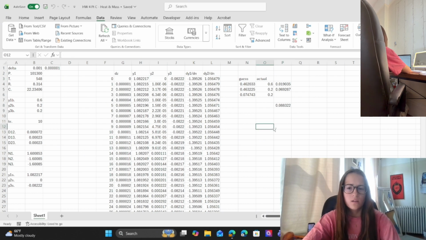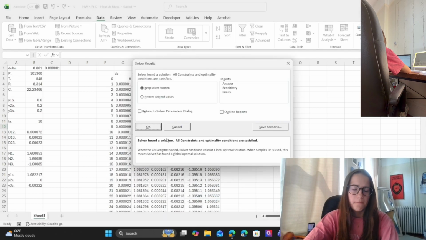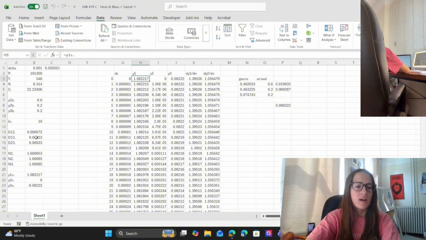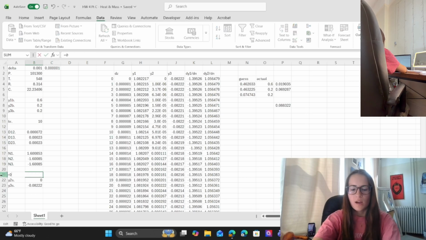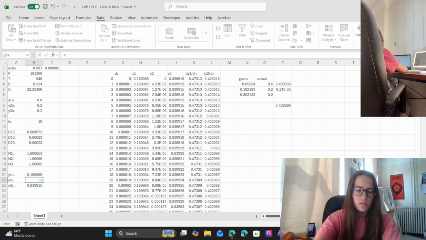Let's try to go back to our original values that we had. So I'm just going to restore this back to our guesses again because this did not quite work. I'm going to change this back to N1 divided by KR, and then this being the negative version of that.